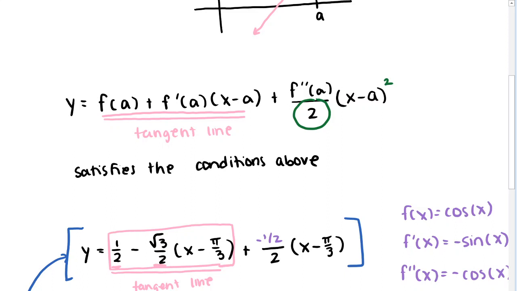The idea is that we want this function to have the same second derivative as our original function, and this division by 2 is just to really guarantee that. Right? When we take the second derivative of this function, we'll have to apply the power rule, and this factor of 2 will come down. And so this division by 2 is just so that we cancel out with that factor of 2 there, and when we take the second derivative, we're just left with f double prime of a, and we'll match the second derivative of our original function.